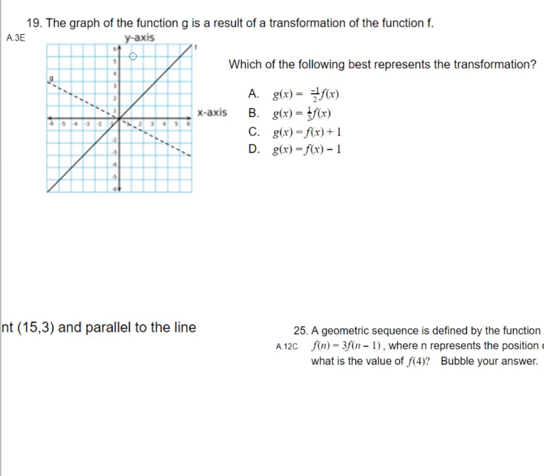So in this case, for this line, I have this slope changing. What I've done here is called a stretch. I'm actually changing the slope of the line. The slope of f was up 1 over 1, so it was a slope of 1.